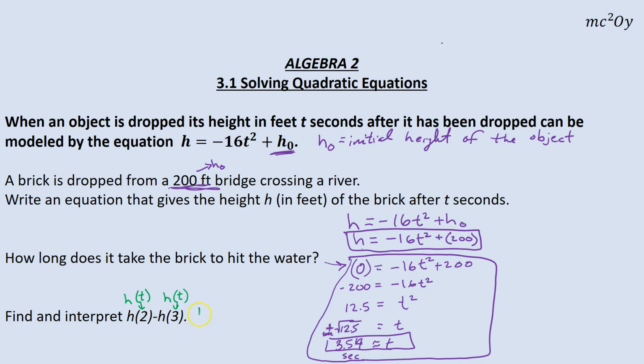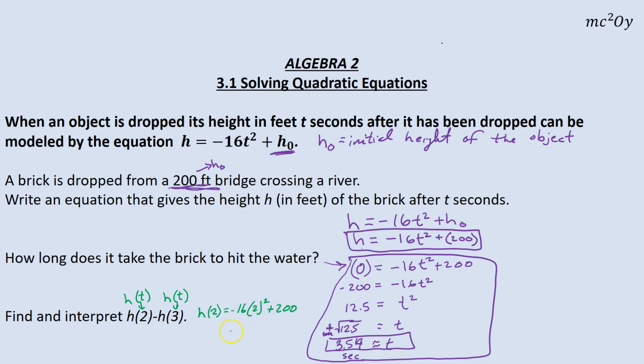So h of 2 is going to equal negative 16 times 2 squared plus 200. And then I want to subtract from that h of 3, so I have to calculate h of 2 and h of 3 first.